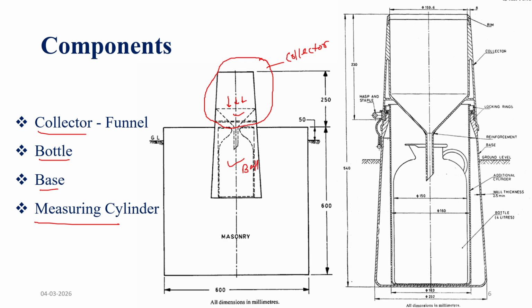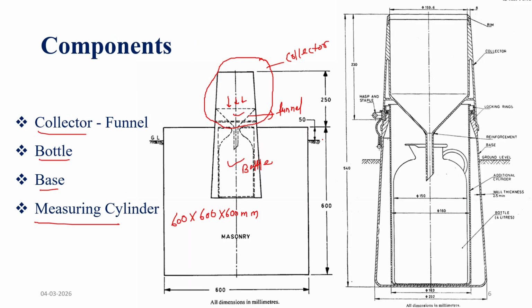This is the bottle and this is the funnel. A masonry or concrete structure of dimensions 600 by 600 by 600 mm is constructed to keep this rain gauge. So three components we have seen in this figure. These two figures are taken from the Indian Standard 5225 and 4896.